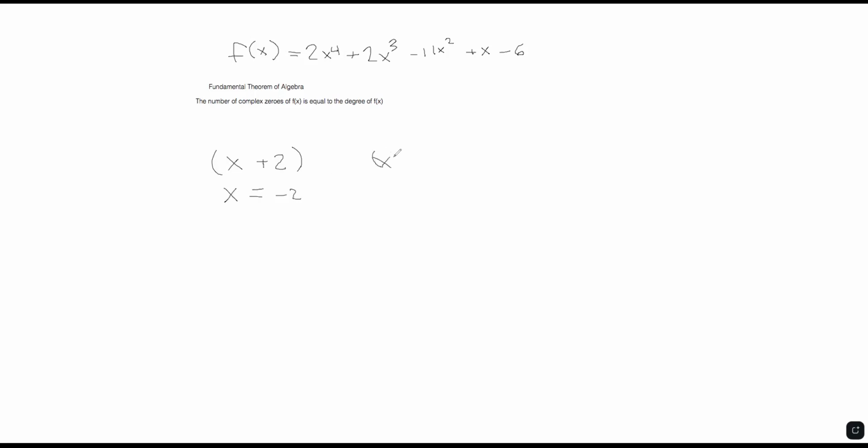And if we have another factor like this, then an imaginary zero would be like i times the square root of 2. So complex zeros include real solutions and imaginary solutions. The fundamental theorem tells us that the total number of complex zeros is equal to the degree. So what is the degree of this polynomial? The degree? Mm-hmm.